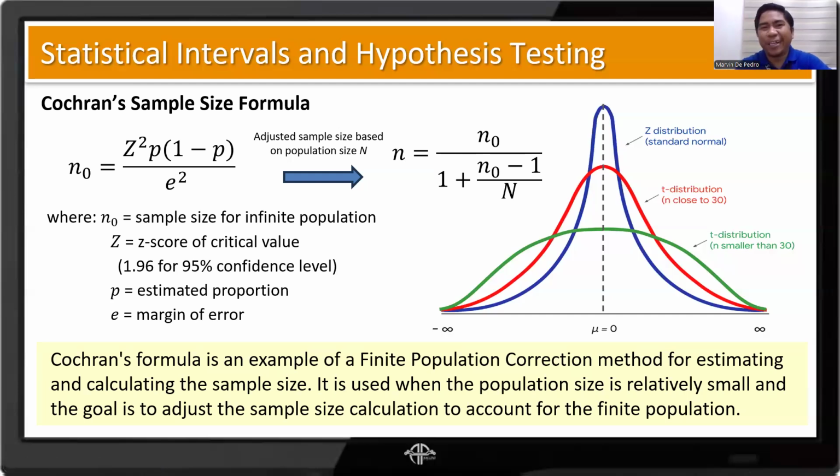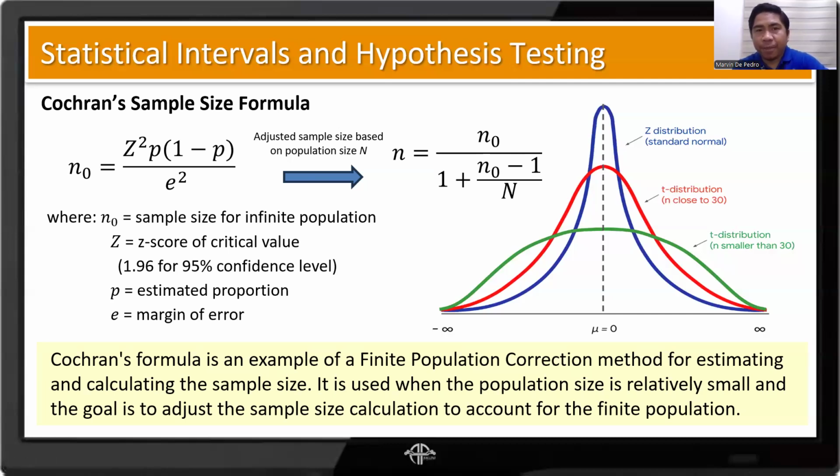So for example, if you computed using this formula and came up with 100 respondents, but your population is just 500, then you can substitute that here to have a lower minimum sample size.